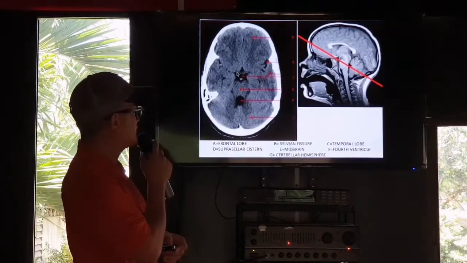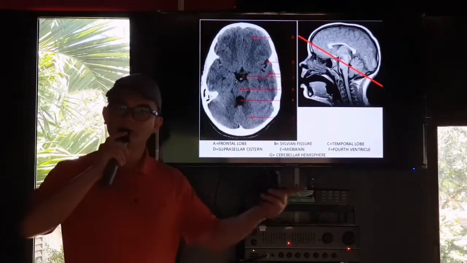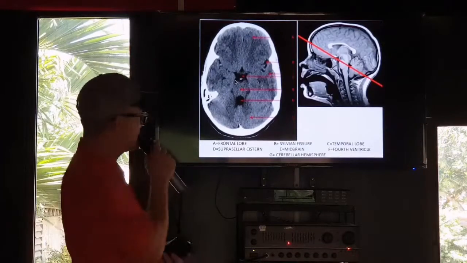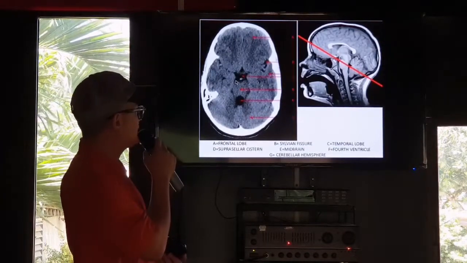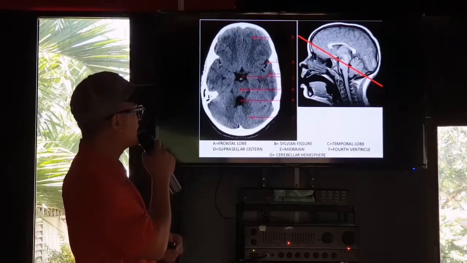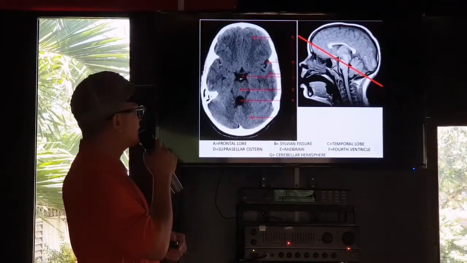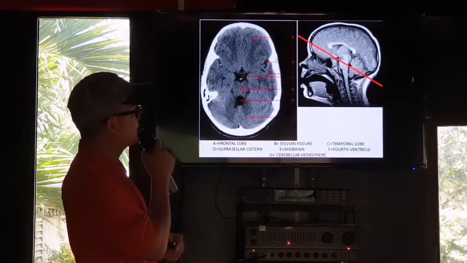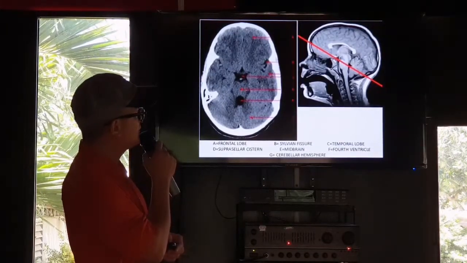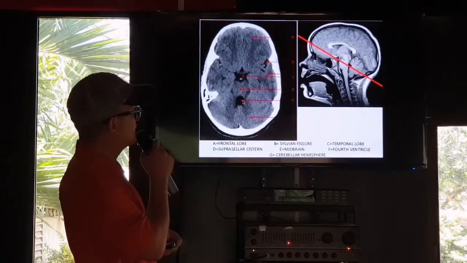Remember, the cisterns are where the subarachnoid spaces are larger. The arachnoid mater does not closely follow the brain. They're called cisterns. Okay, so you have the sylvian fissure right here. And of course, the fourth ventricle is around this area.